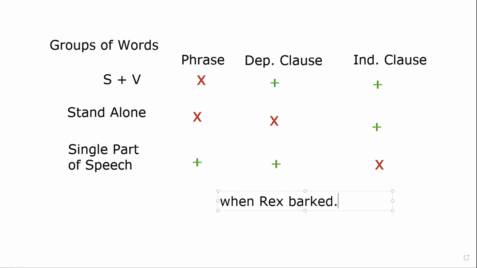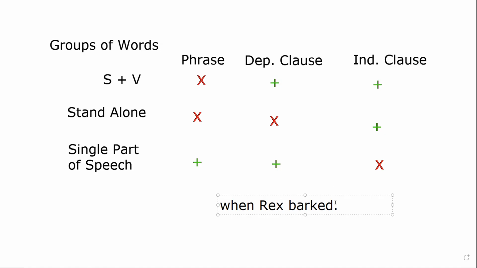When Rex barked, what happened? I'm waiting for more information. Is it a single part of speech? Yes, depending on how it is acting in the sentence. Most likely here it will be an adverb clause because it begins with the subordinate conjunction when. We'll learn about this shortly. So this is for sure a dependent clause, and it matches these three qualities.